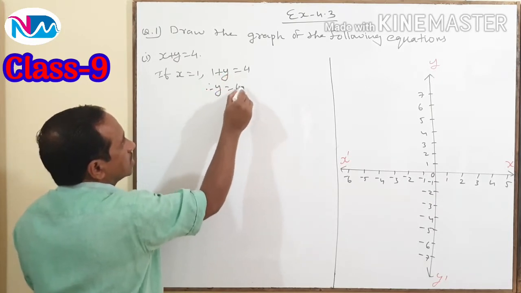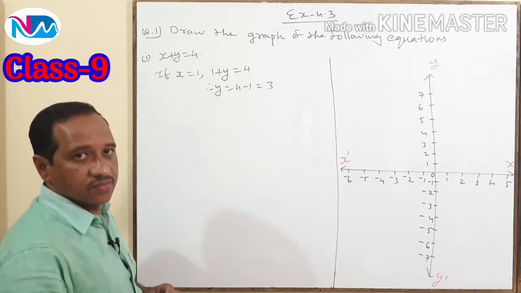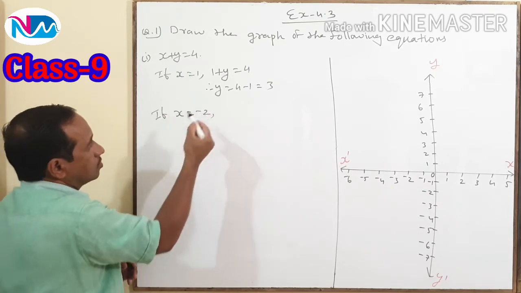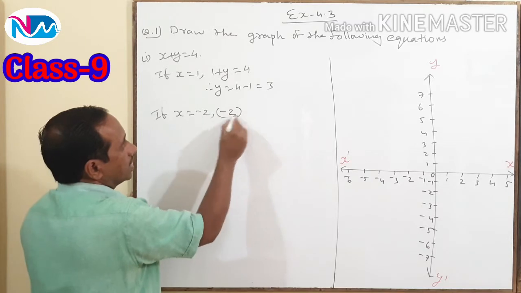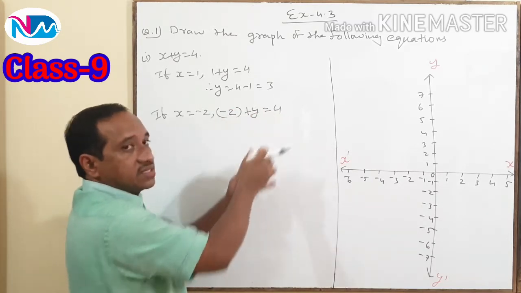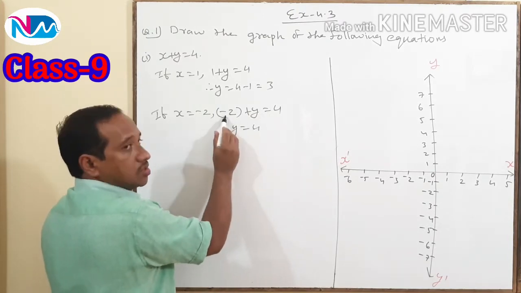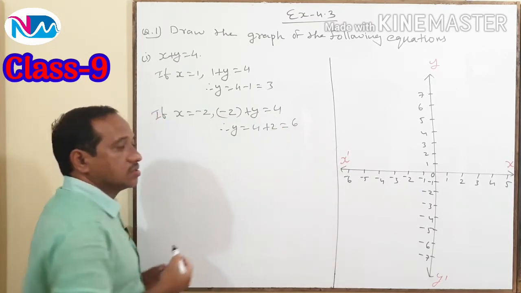Therefore, y is equal to 4 minus 1, which is equal to 3. If x is equal to minus 2, then the equation becomes minus 2 plus y is equal to 4. Therefore, y is equal to 4 plus 2, that is equal to 6.